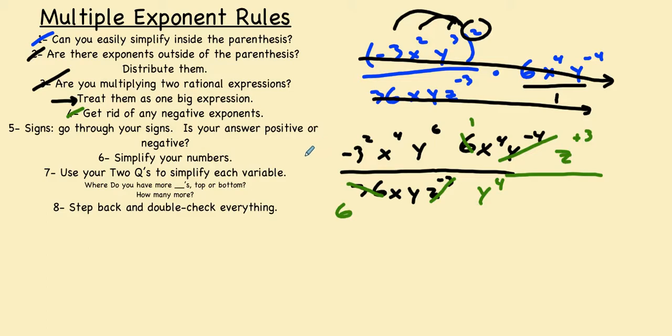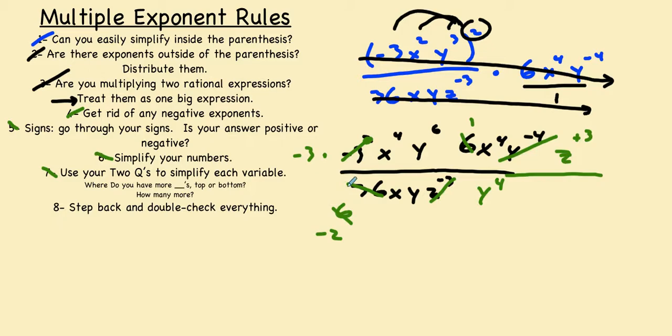So really, isn't this negative 3 times negative 3 since it's squared? So how about if I just take this negative 3 out and turn this to a negative 2? Now that gets rid of that rule. Number 6, simplify your numbers. Actually, I just did that one.